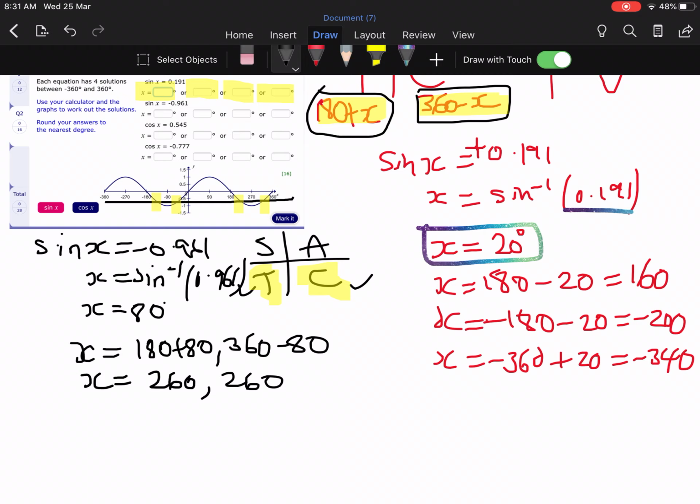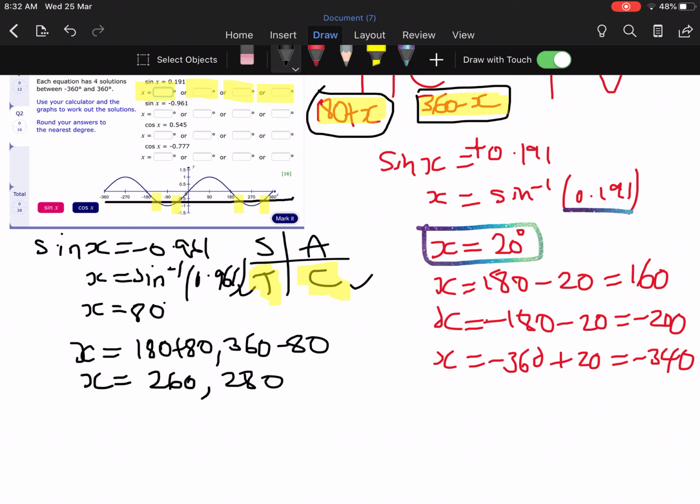No, that's why, because 360 minus 80 is 280, and so there we go. We'll get one at 260 and one at 280.